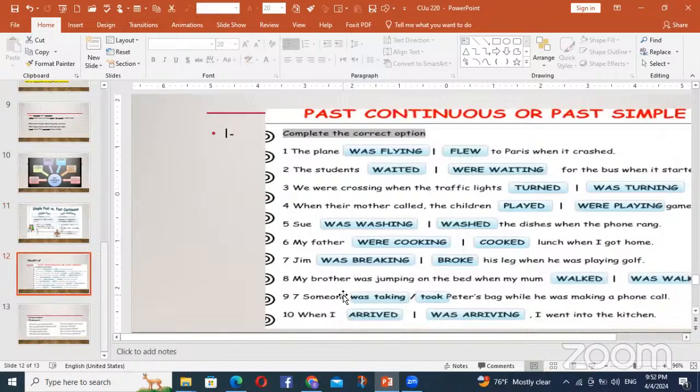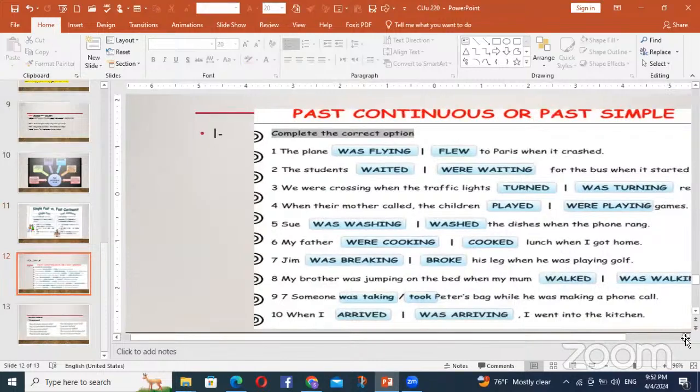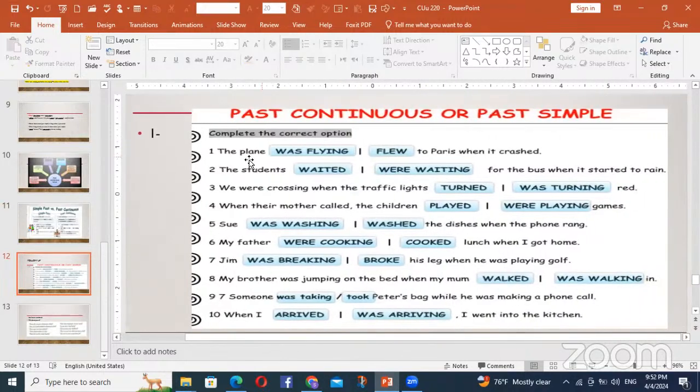We will complete the correct option. Okay? So we're going to choose here which one is correct. Number one: the plane was flying or flew to Paris when it crashed. Let's answer in the chat box.